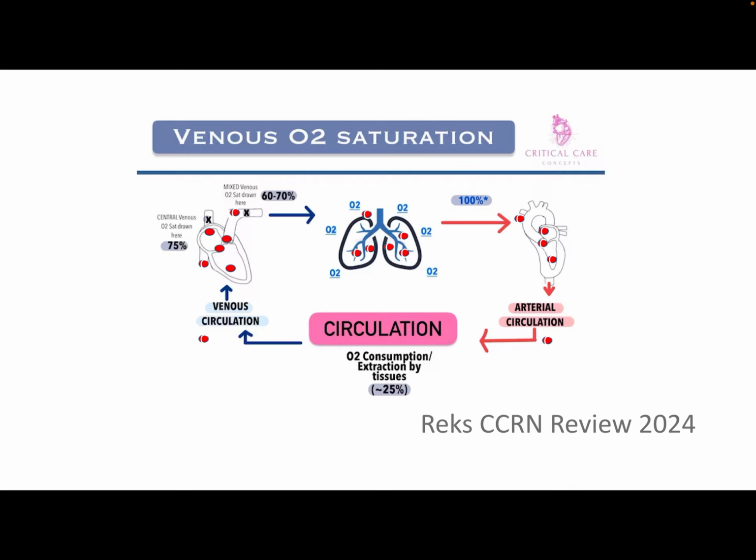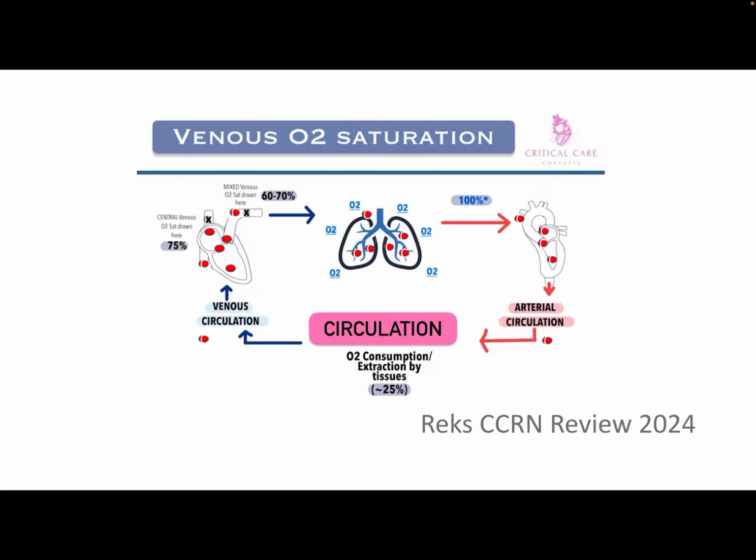From there it goes to the left side of the heart and is pumped into the arterial circulation. When it reaches the tissues, they consume around 25% of the oxygen. So the remaining 75% of oxygenated blood travels back into the heart. This is a cycle and it takes only minutes.